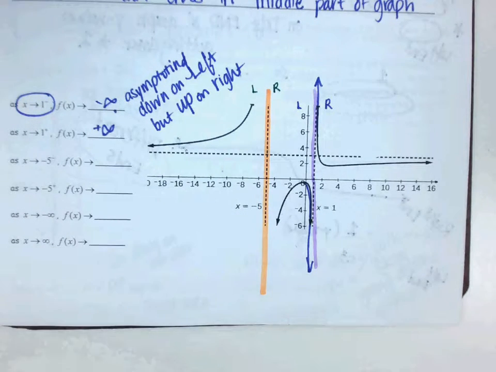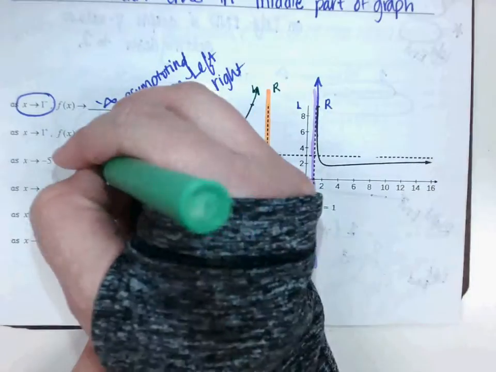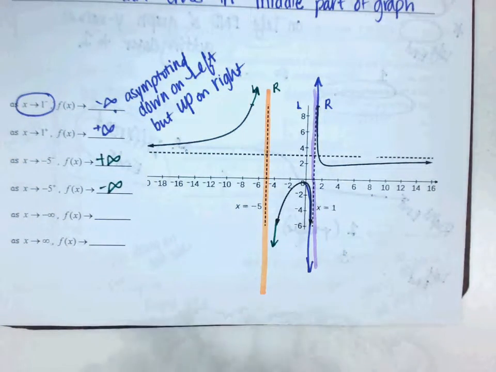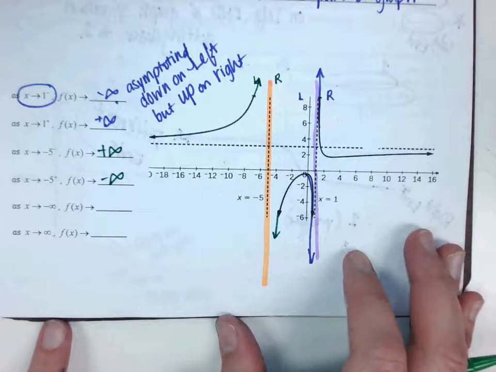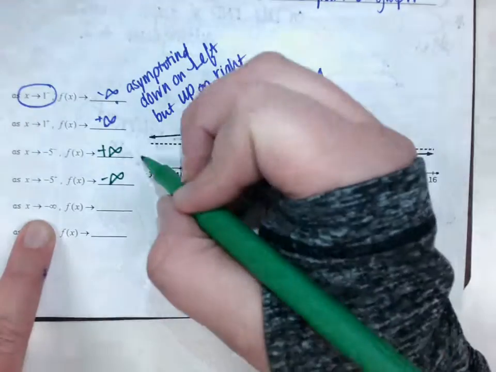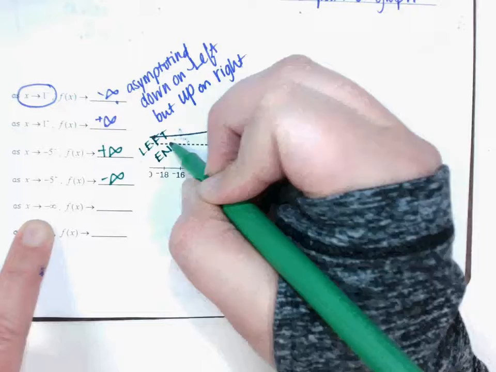Okay, so for my left side, we said we're going up, but my right side is going down. So positive infinity, negative infinity. Okay, 2 more left. X to negative infinity, which end am I looking at? Left or right side? Okay, this is the left end. What is my graph getting closer to?